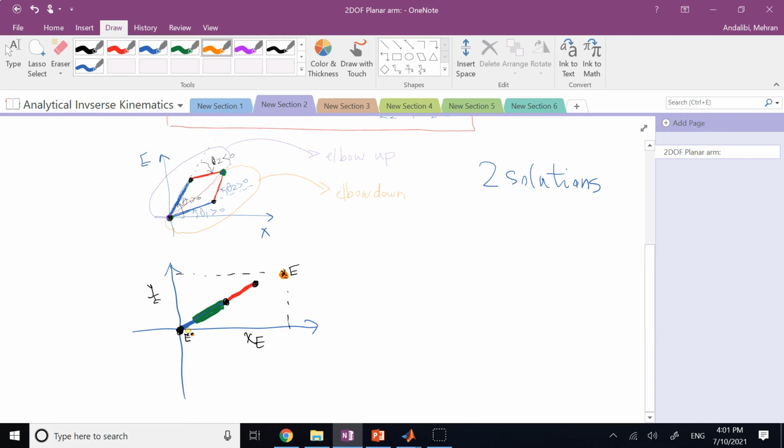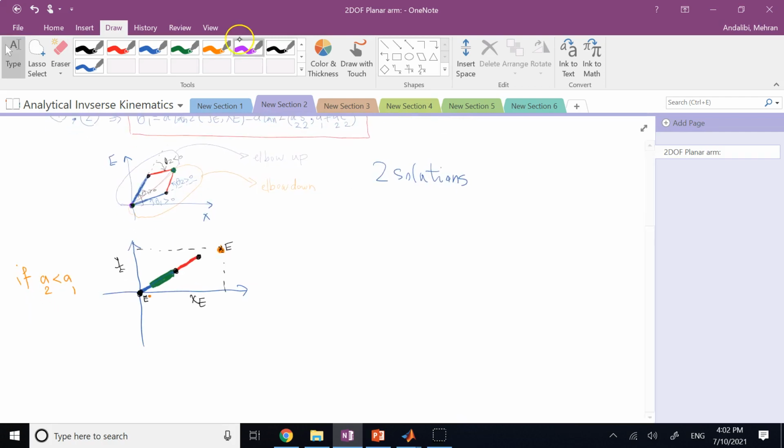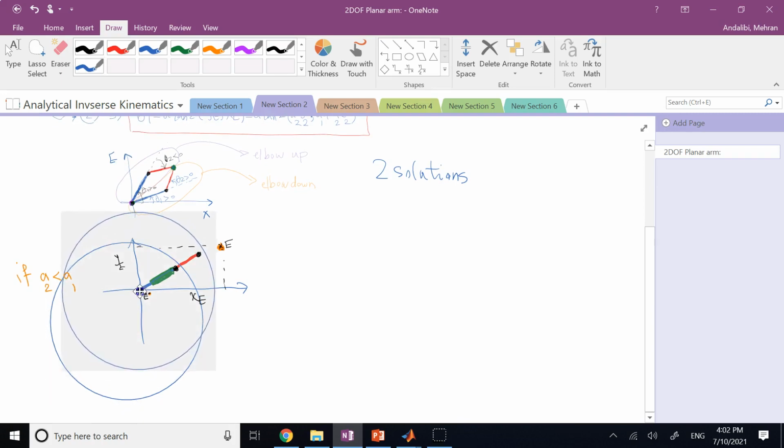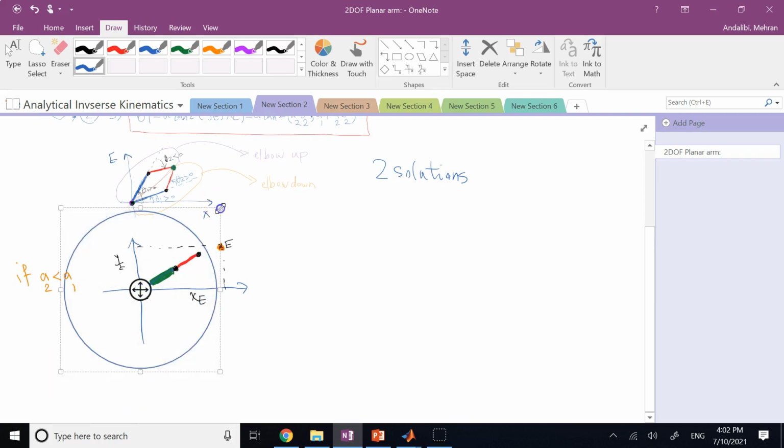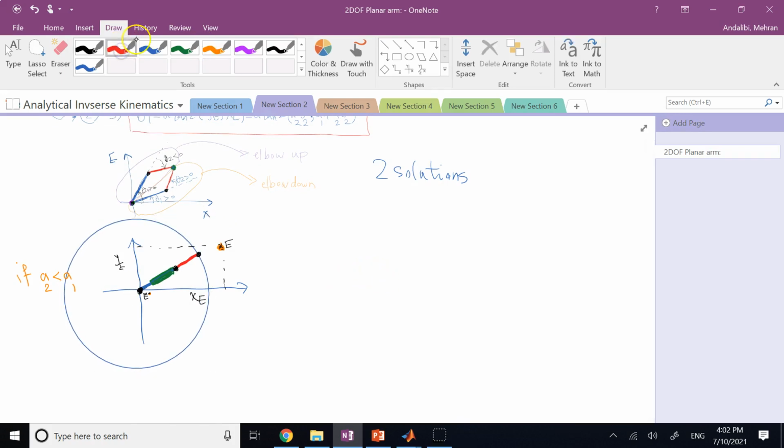Okay, so in general, if A2 is less than A1, then you can see in general there are two circles to consider. One of them is this circle. I can draw it for you. And the other one is this circle.